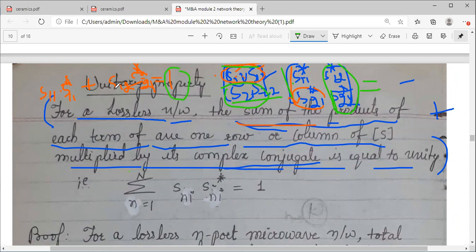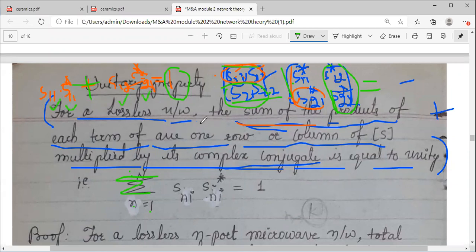So in general, I have written, as each term has got a sum here, I am taking the summation. For an n-port network, the value of n varies from 1 to n. And you can see here S11, S11 star, and similarly S12, S21 star.